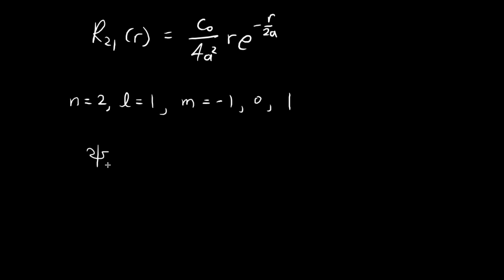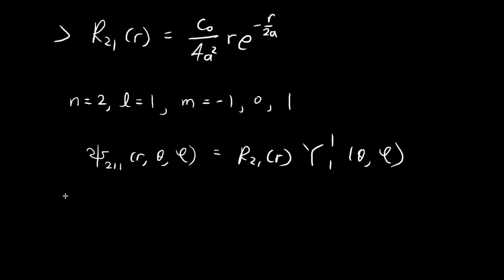We could construct psi 211 of r, theta, phi. For this case, the solution will be equal to R21(r), which is just this expression here, times the Y11 spherical harmonic. And then we can also construct psi 210 of r, theta, phi. Don't forget that this corresponds to n, this corresponds to L, and this corresponds to m.